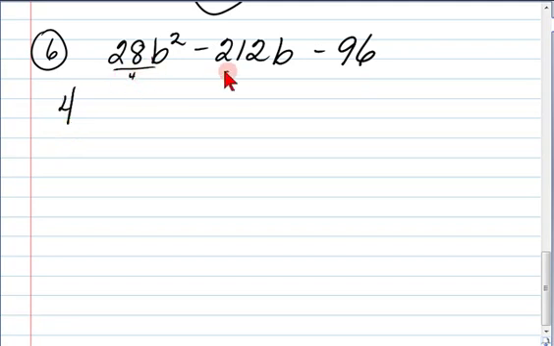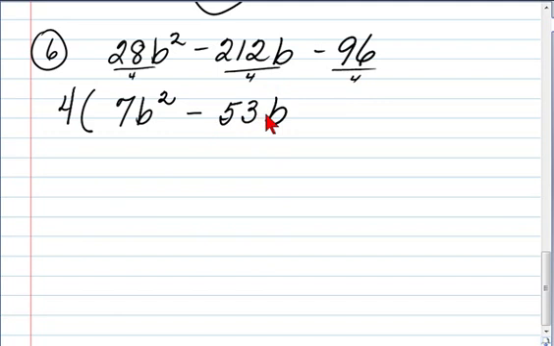So if I divide each of these by 4, I will get 7b squared minus 53b, is that right? Plus 24. I'm trying to divide in my head, so I hope somebody's checking me. It is minus. Thank you.